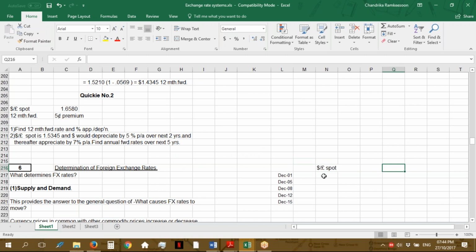And what we observed over the period from December the 1st to December the 15th, the dollar against sterling, the spot rates. Okay, so this is actual history now. We looked at the movements over the 15 days.